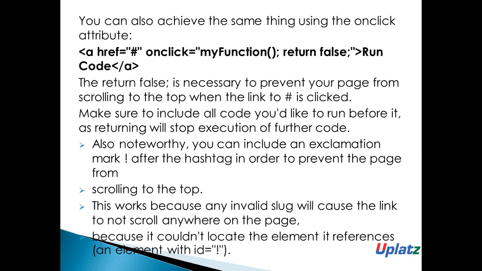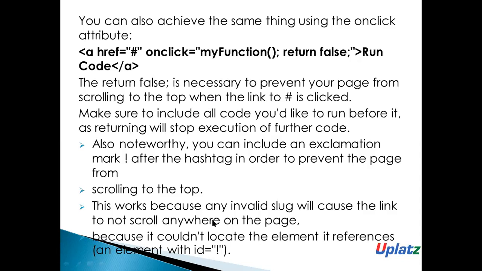You can also achieve this like so: onclick my function, return false, run code. The return false is necessary to prevent your page from scrolling to the top when the link is clicked. So make sure to include all the code you want to run before the return. You can also include an exclamation mark after the hash in order to prevent the page from scrolling to the top.